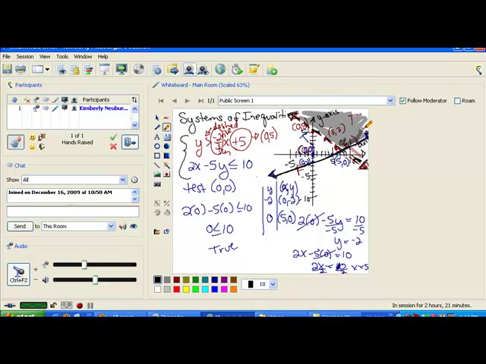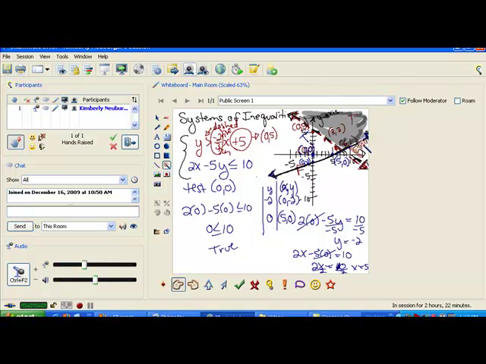So what we have for our strategy on this is to graph each separately and then look where they overlap, and that overlapping section is the solution. Another way that you may see for how to solve this is to graph both lines and then actually find a test point for all 4 sections to see which one gets shaded.